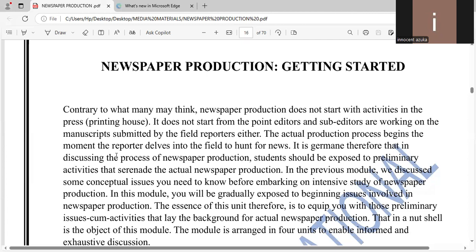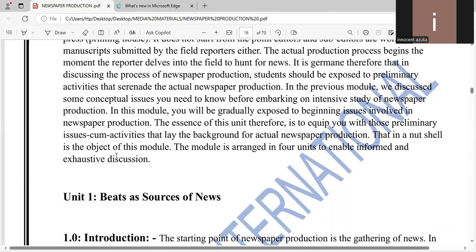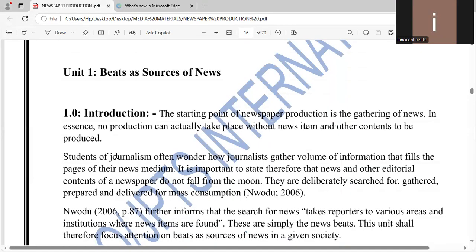The actual production process begins the moment the reporter dives into the field to hunt for news. It is germane, therefore, that in discussing the process of newspaper production, students should understand and be exposed to how news is gotten.